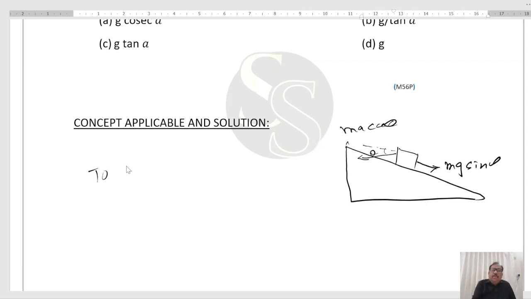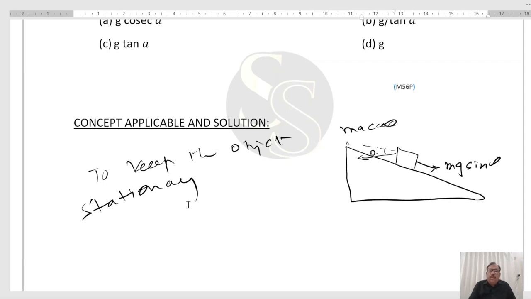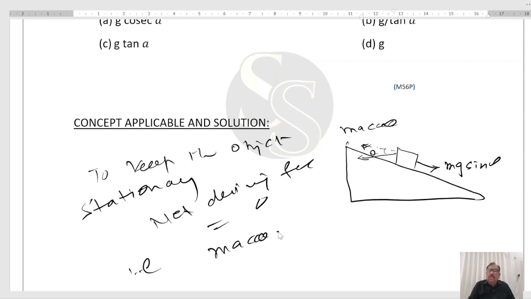To keep the object stationary, the net driving force should be equal to 0. That is, ma cos theta should be equal to mg sin theta.